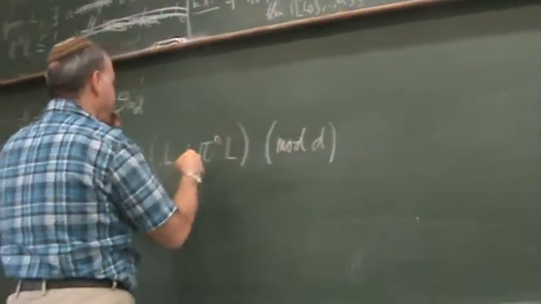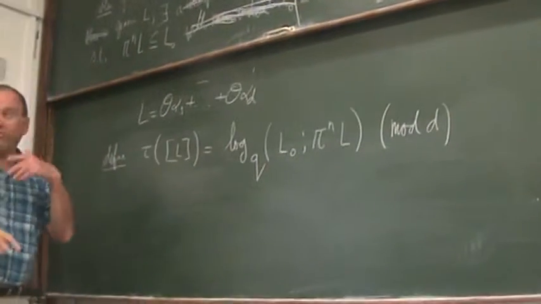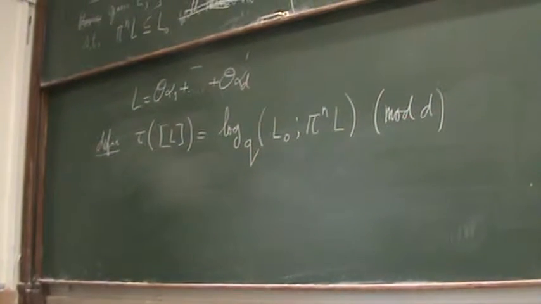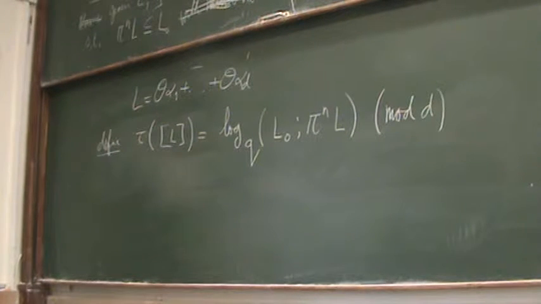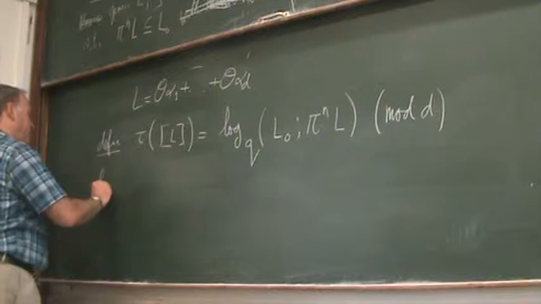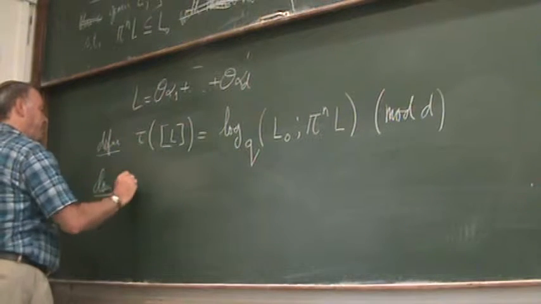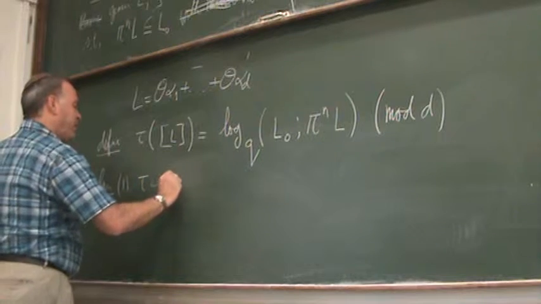Namely, I think about it as an element in Z mod dZ. I claim, first of all, that this is well defined. Claim 1, tau is well defined.